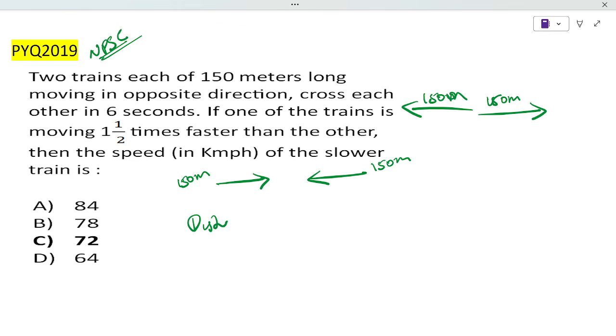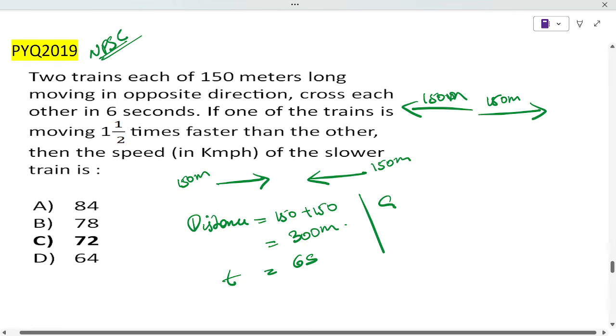Distance will be 300. 150 plus 150. To cross each other, it means the total length of the trains, so this will give us 300 meters. The crossing time given to us is 6 seconds.